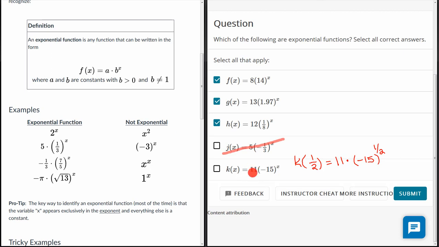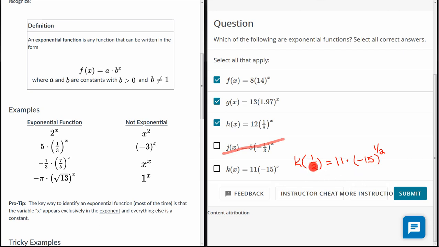This is a function, but the problem is it's not a very nice function. Exponential functions are nice functions, and this is not a nice function. And you should be saying, well, hey, why not? So what I'm showing you now is why it's not a nice function.